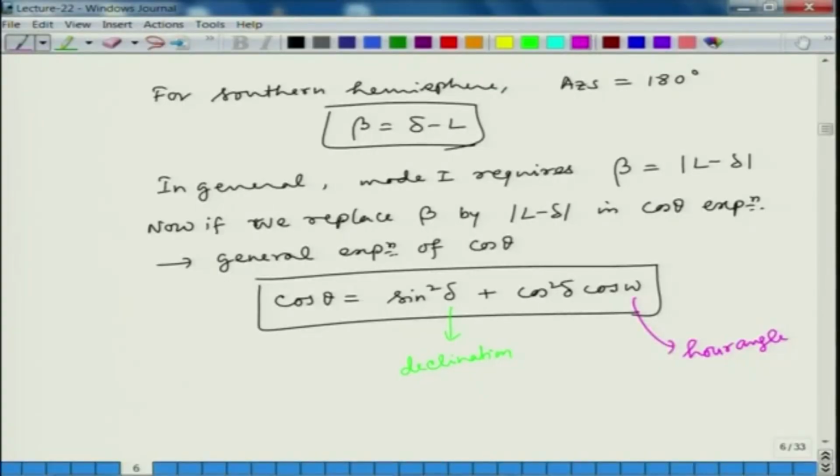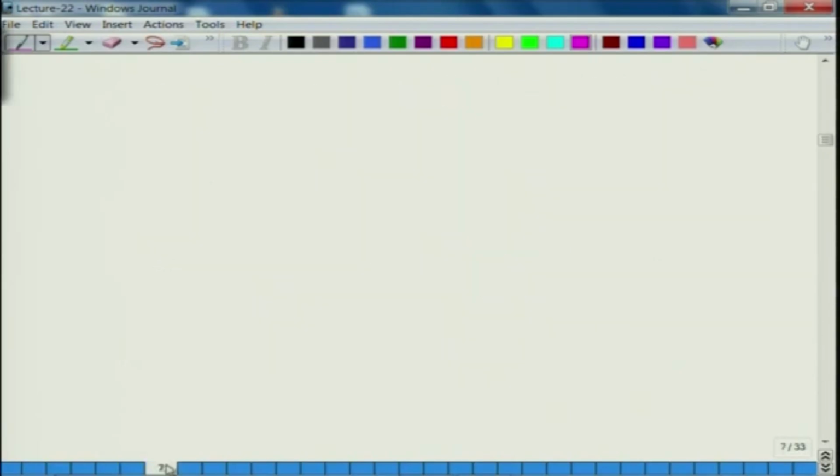Those are the only two things. All other dependence, like the orientation of the plane, beta, latitude, is now boiled down to this expression of cos theta. Okay. So, that is the mode 1 single axis tracking. Let us look at the next mode.